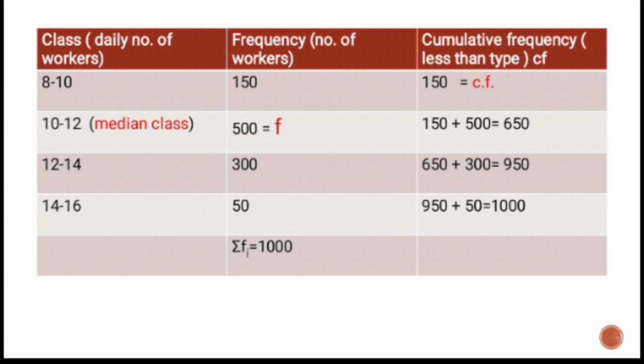So the lower class limit L means your 10, your f will be 500, your cf will be 150. In that way you have to write these further steps.